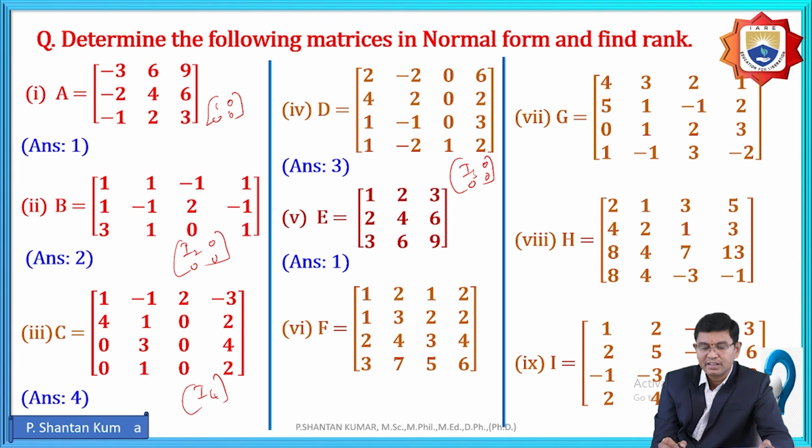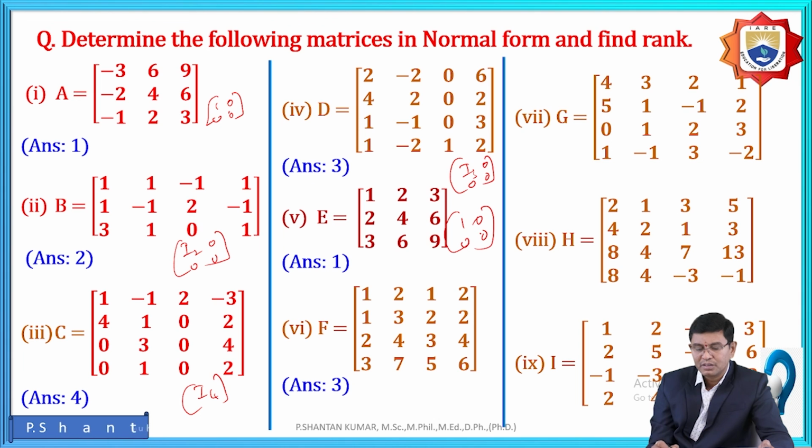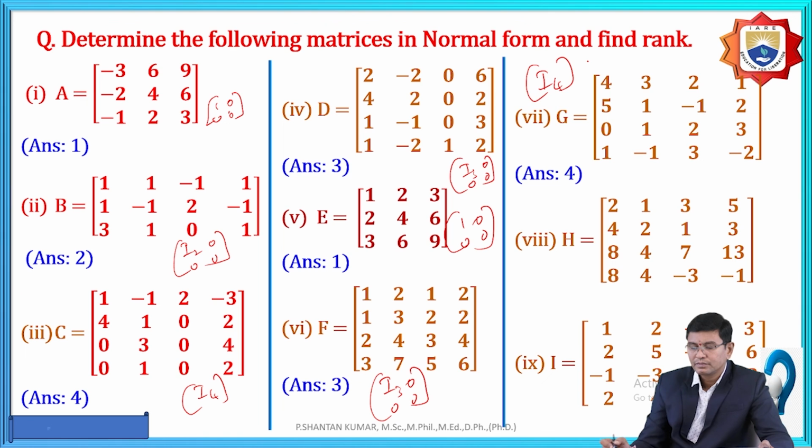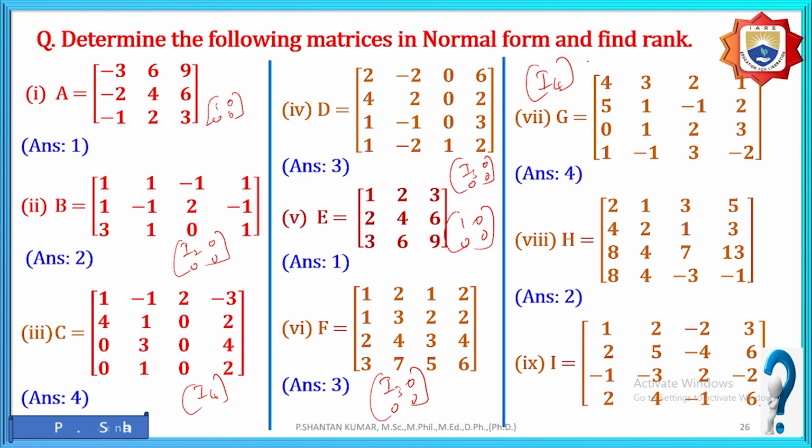Here the rank is 1, meaning 1 0 0 0, and the sixth one has rank 3, meaning I3 0 0. The next one is I4, so the rank is 4. The last one with I2 0 0 0, and the final one is I4. Based upon this type of matrix we obtain the rank.